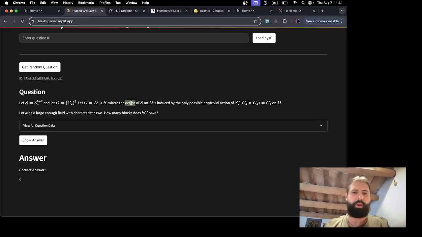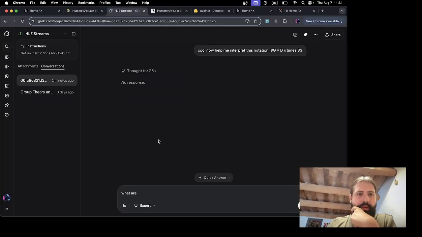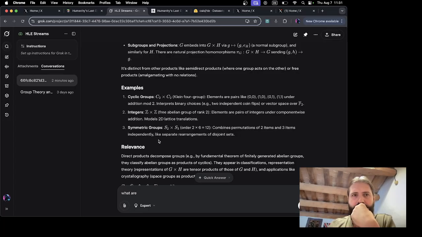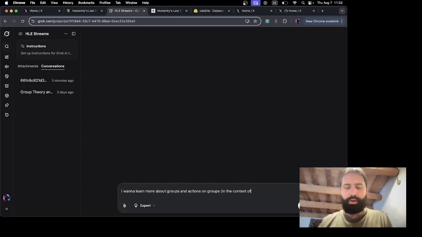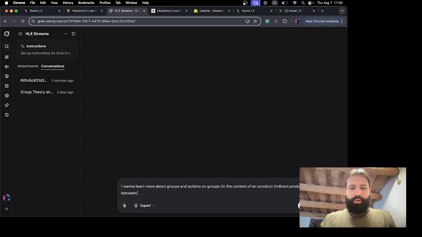I want to understand groups and actions a little bit better, and maybe I'll start a separate conversation in this project, and I wanna learn more about groups and actions on groups in the context of a semi-direct product between two groups.